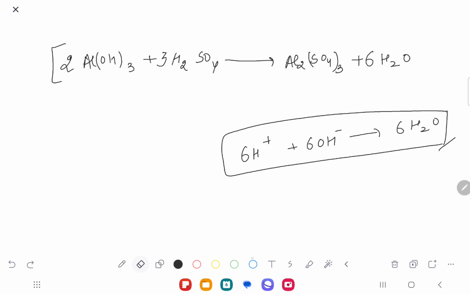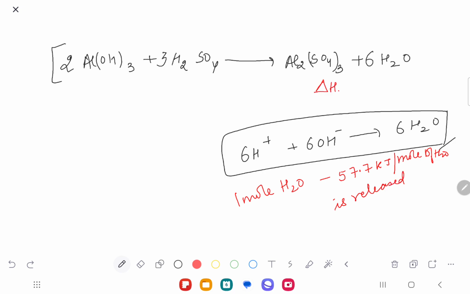So for every 1 mole, what have we learned? When 1 mole of water is formed during neutralization, 57.7 kilojoules of heat per mole of water formed is released. So can you not tell me the delta H for this particular reaction? Delta H for this reaction shall be 6 times 57.7.